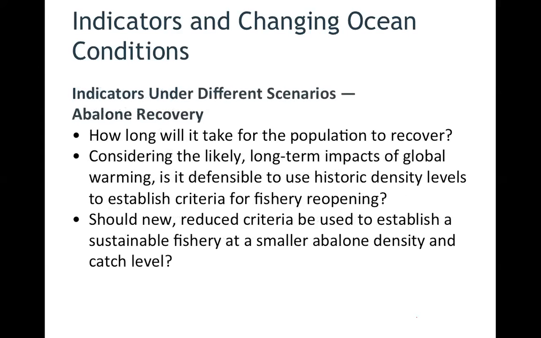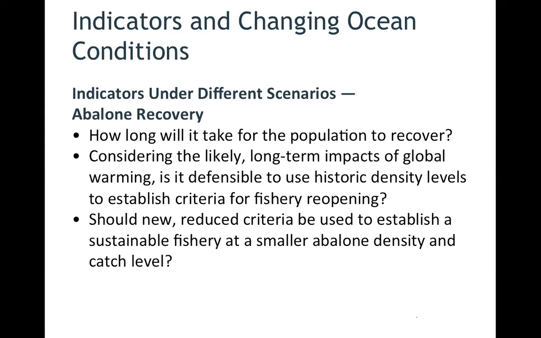Okay, so this was noted earlier. Under this section, we have a few different bins before we move on, in terms of moving outside the indicators and changing ocean conditions. Here we're thinking about indicators under different scenarios. Abalone recovery was a bin that we got a lot of questions in, and the next will be questions around reopening, and a couple of questions around kelp and how that plays in.